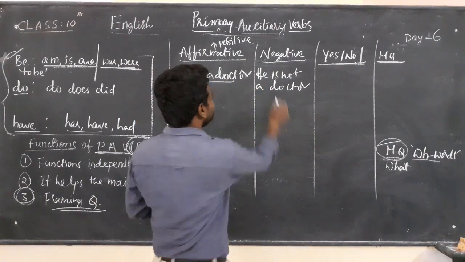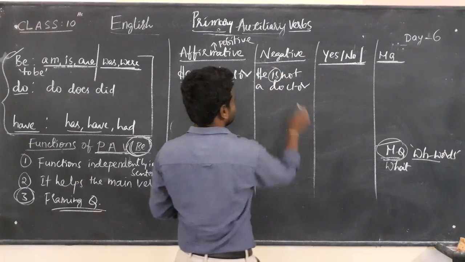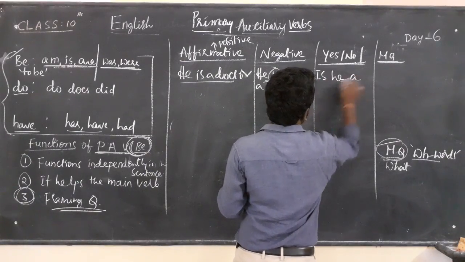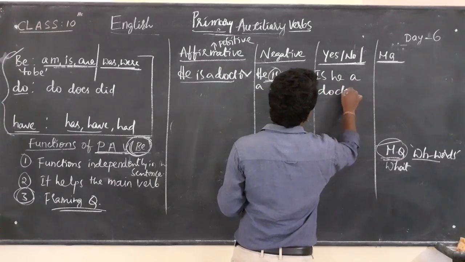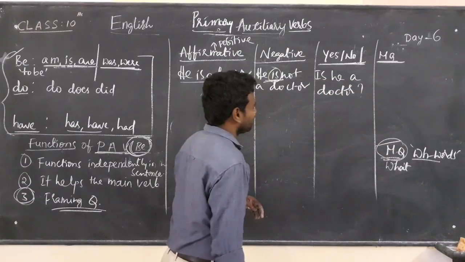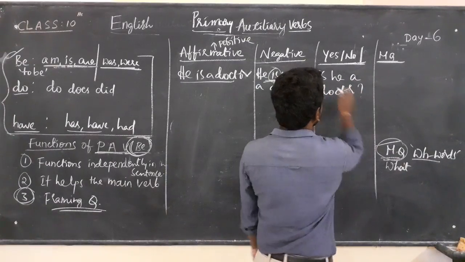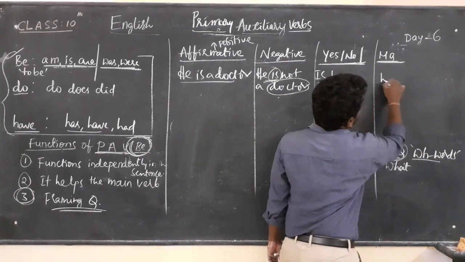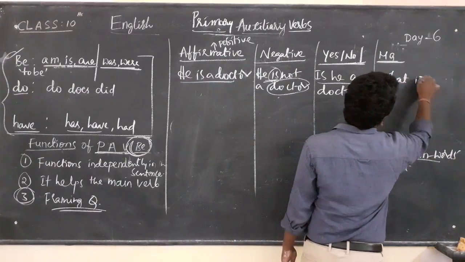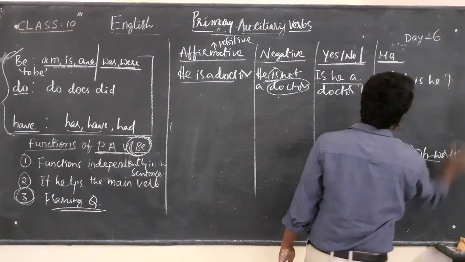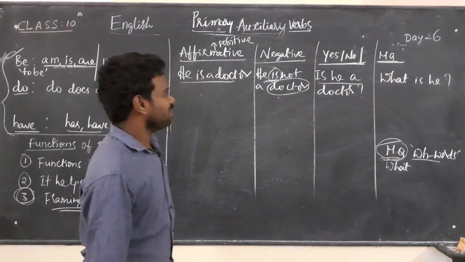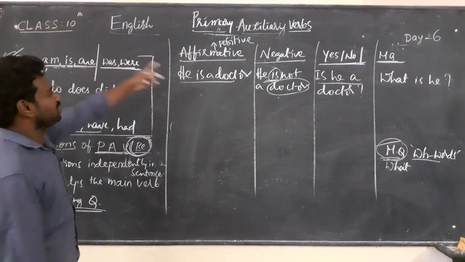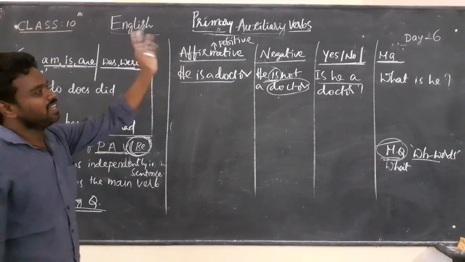With the help of the be form we write the yes no question, so "is" comes first: is he a doctor? For the main question we should get an answer like doctor: what is he? The answer is, he is a doctor.